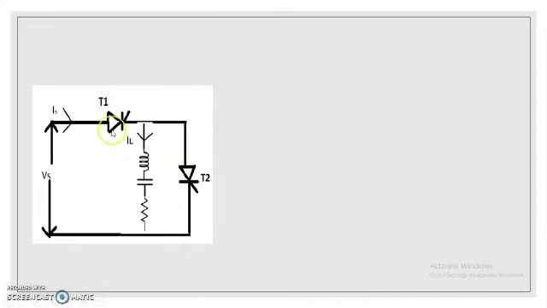When thyristor T1 is on, thyristor T2 is force commutated, and when thyristor T2 is on, thyristor T1 is force commutated.